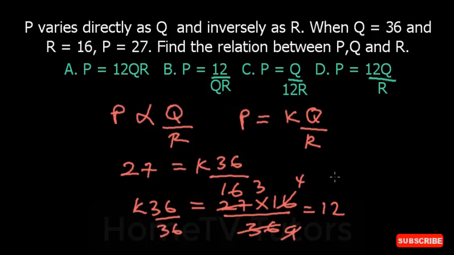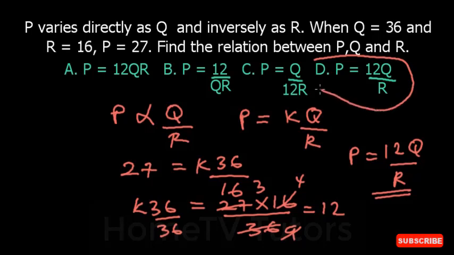So K is 12. So in the relation we have P equals, now K is 12, Q over R. So this is the final answer, which is the same as option D, the right answer option.